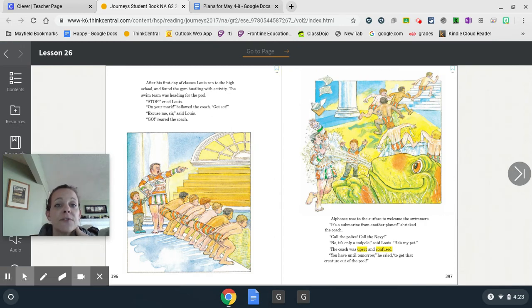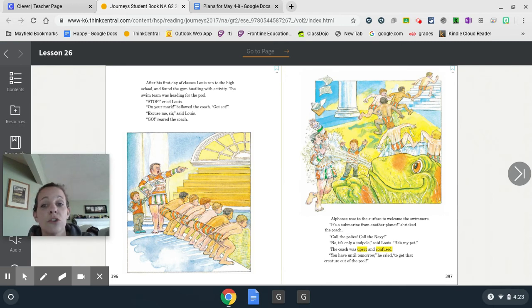After his first day of classes, Lewis ran to the high school and found the gym bustling with activity. The swim team was headed for the pool. "Stop!" cried Lewis. "On your mark," bellowed the coach. "Get set!" "Excuse me, sir," said Lewis. "Go!" roared the coach.